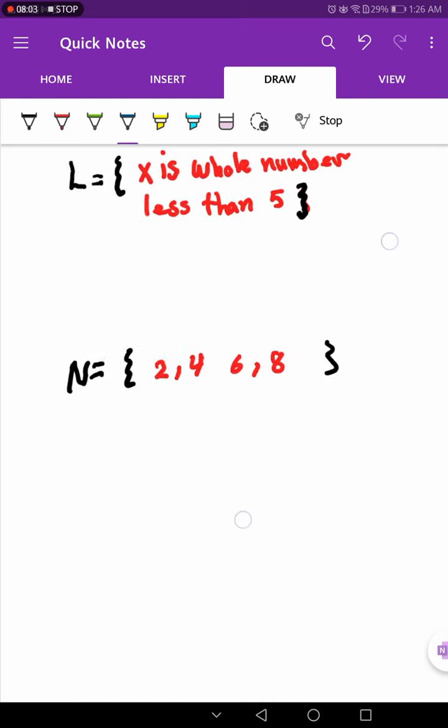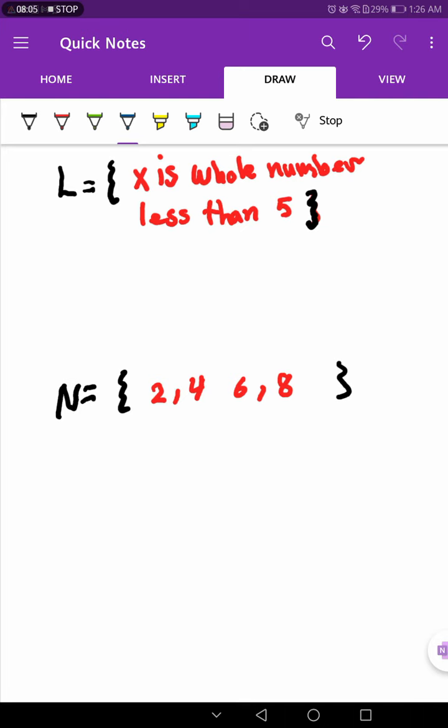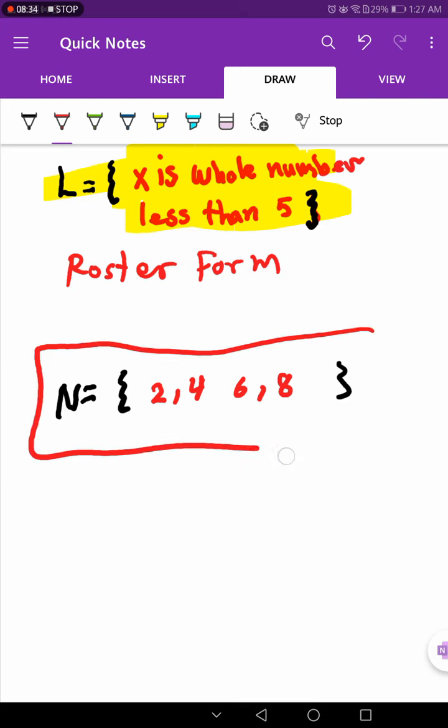Let us move here. He gives me two groups, for example. L equals x, whole number less than 5. So first of all, I have to convert this from this form to roster form. Roster form means I have to write the group like this.